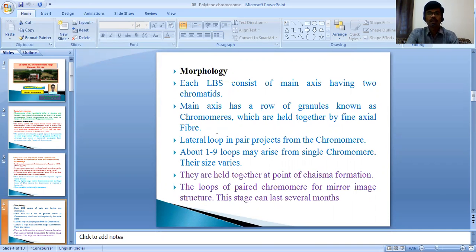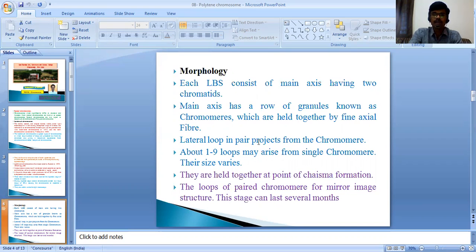Okay, each lampbrush chromosome consists of a main axis having two chromatids. त्या लॅम्ब्रस क्रोमोझोमला टू मेन ॲक्सिस असतात आणि ते क्रोमॅटाइड्स. The main axis has a row of granules known as chromomeres which are held together by fine axial fibers.